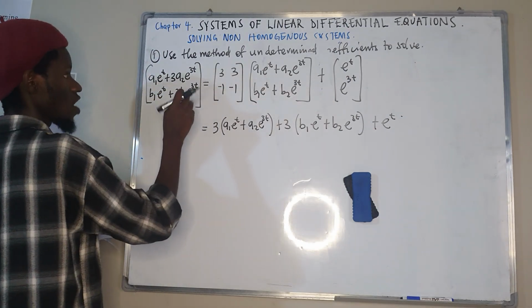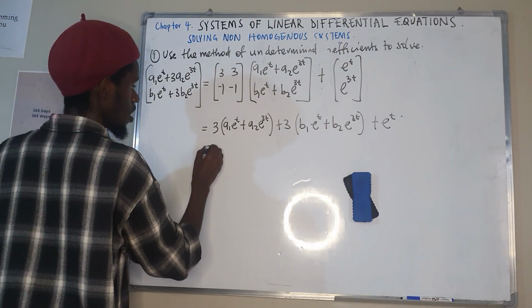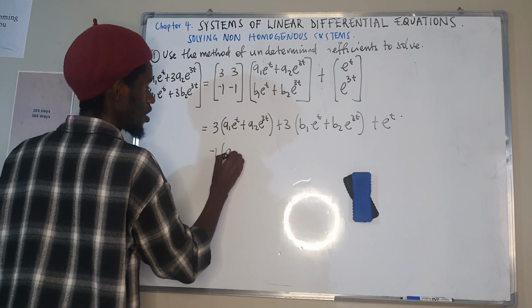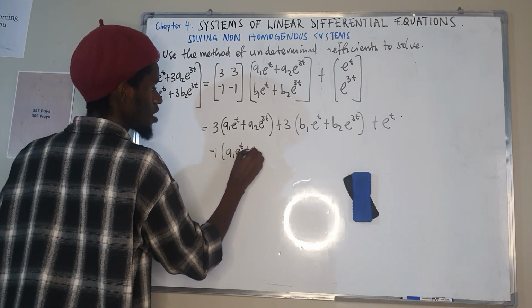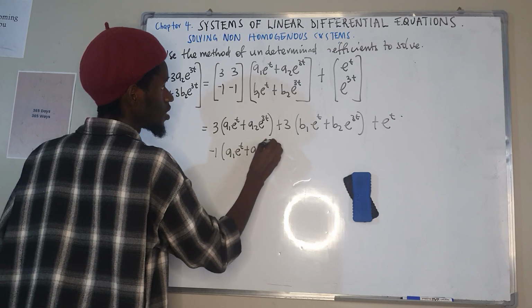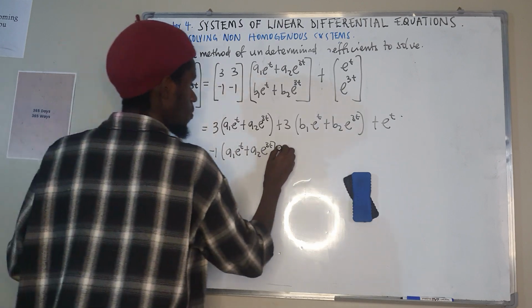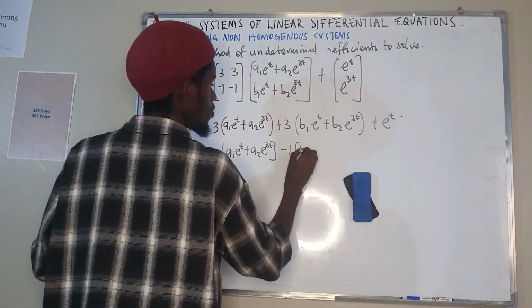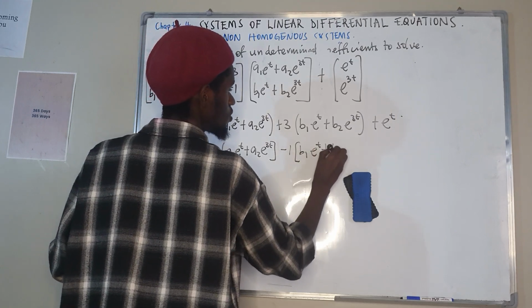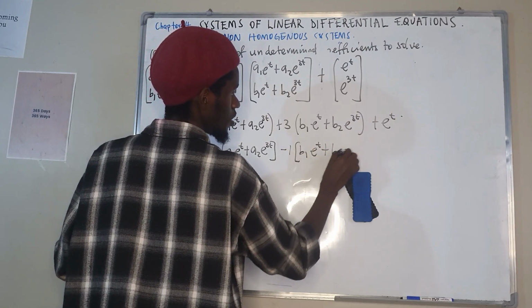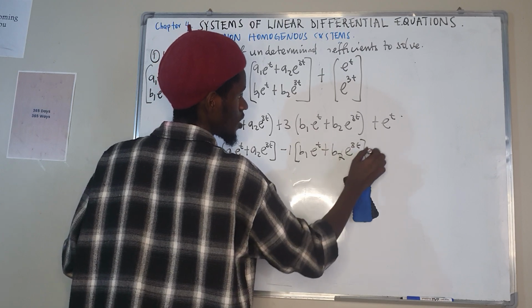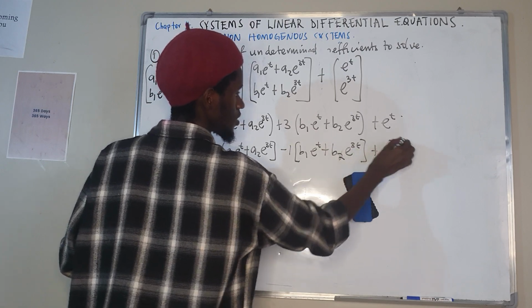Now here, the other thing I have negative 1 times this one, negative 1 into a1 e power t plus a2 e power 3t, like that. Now minus 1 into again b1 e power t plus b2 e power 3t plus e power 3t, like that.